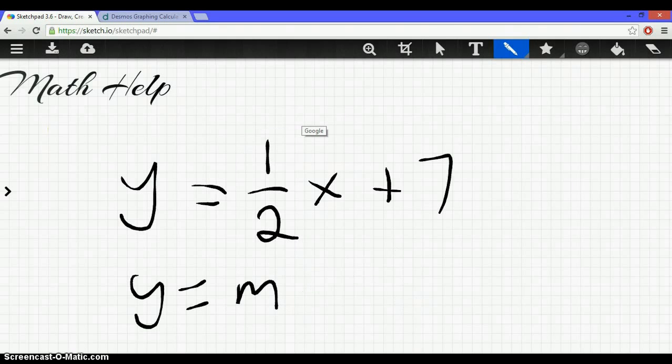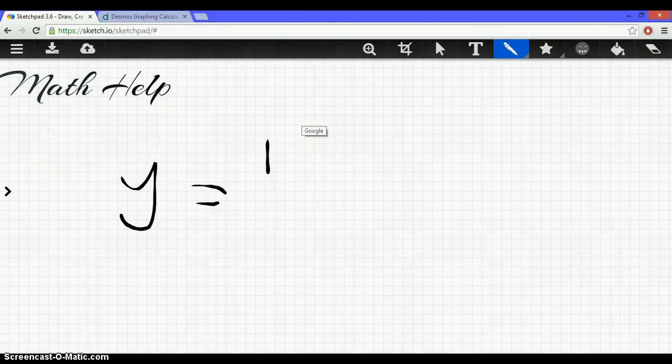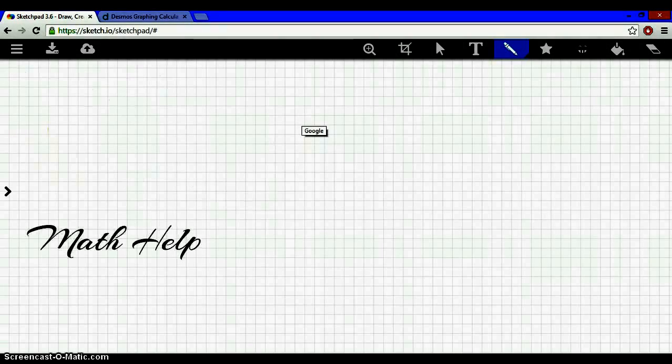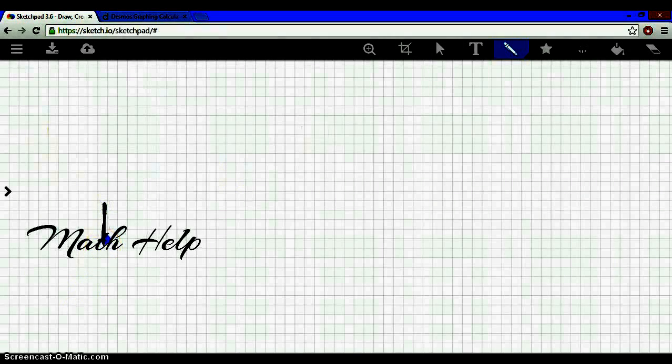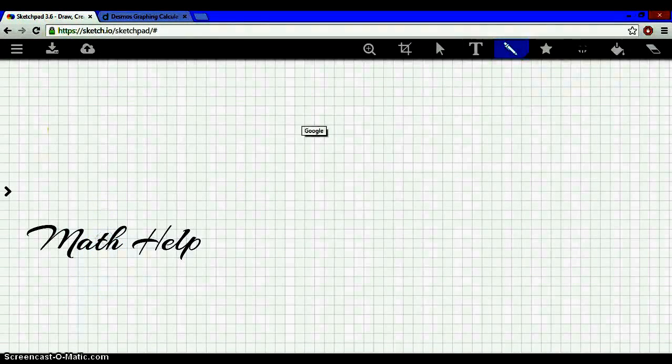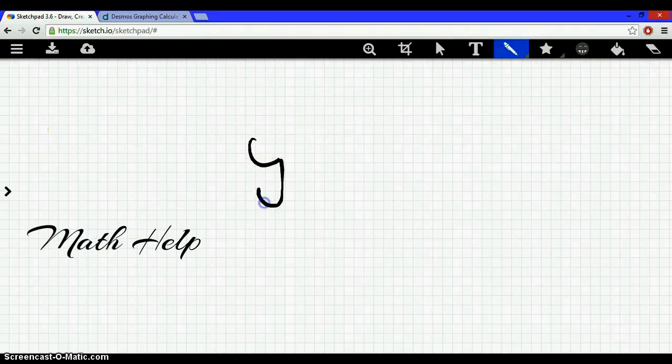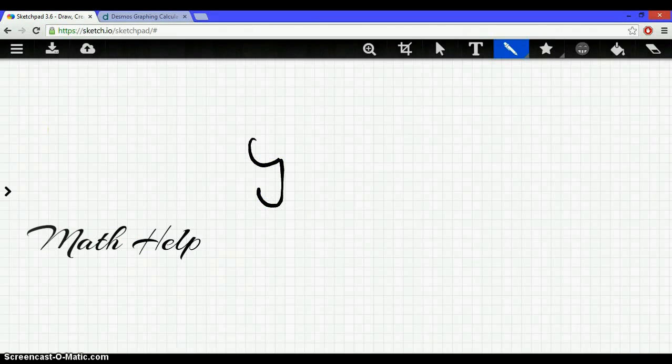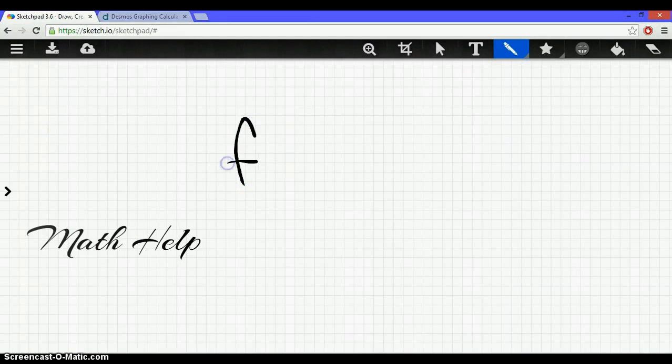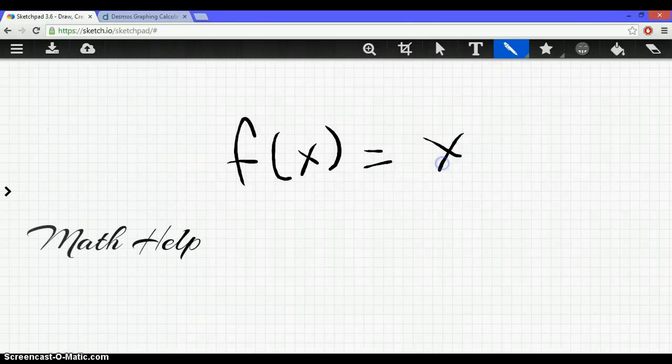But what if you have something that's a little more complicated? Something like, let's say, once again, f(x) is the function. We'll say f(x) is equal to x to the power 4 plus 7x.